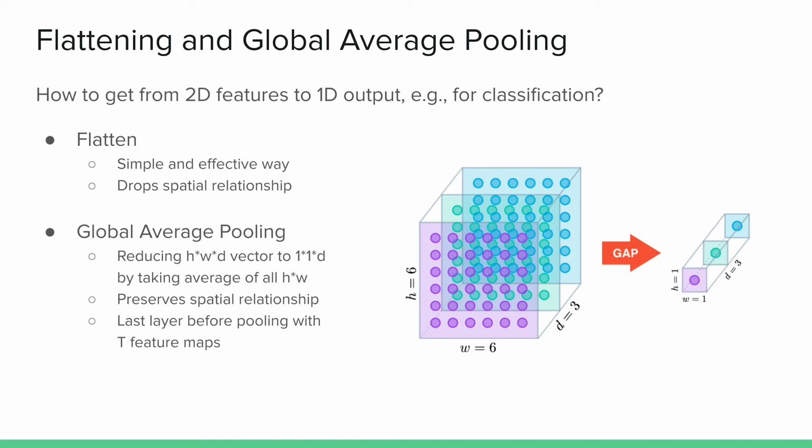And that way it preserves the spatial relationship, and it can be an alternative to this flattening and then creating the output. So what you do is you reduce this to a 1x1 by D, and then you already have your outputs, the number of outputs that you want to classify, for example, and you say, okay, now I cast this 1 by 1 by D into a 1 by D dimensional array.